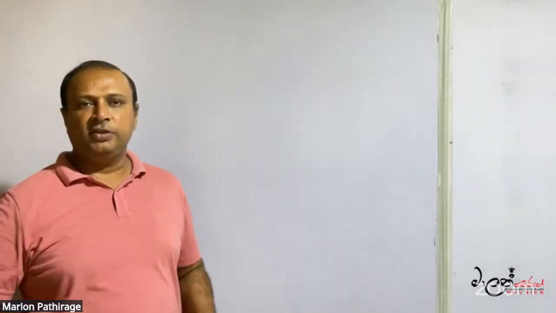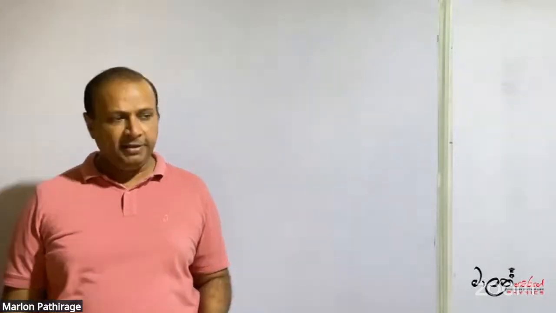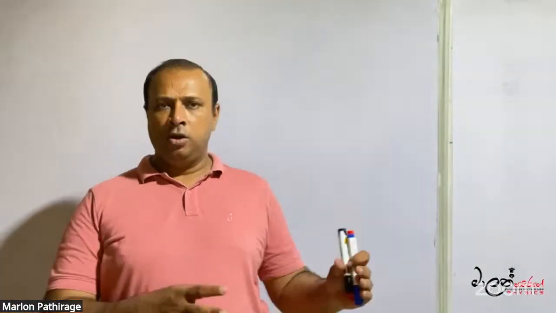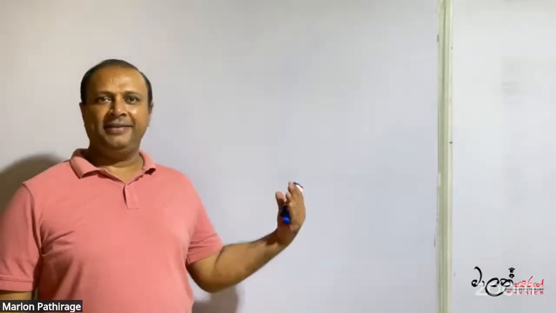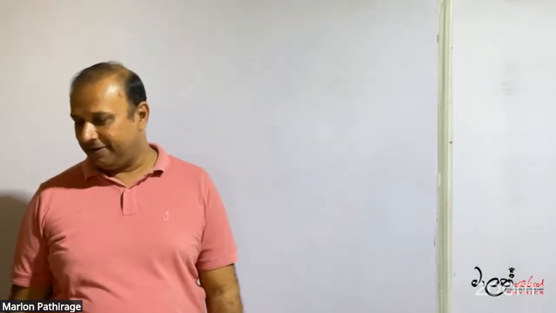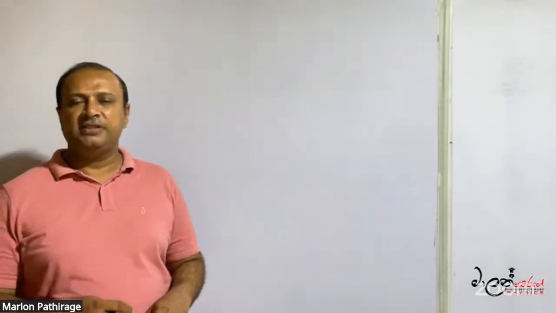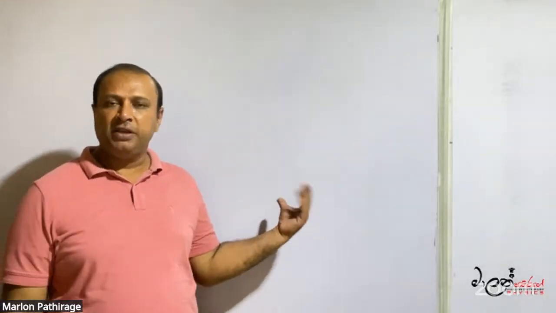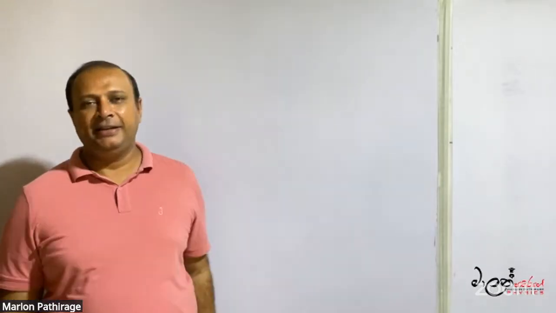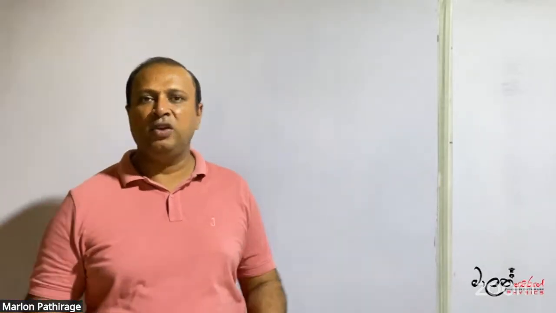We can start today's lesson in heat. Now we are in the later part of the heat lesson, calorimetry. As we discussed earlier in our previous lessons, it is very clear how to exchange heat.